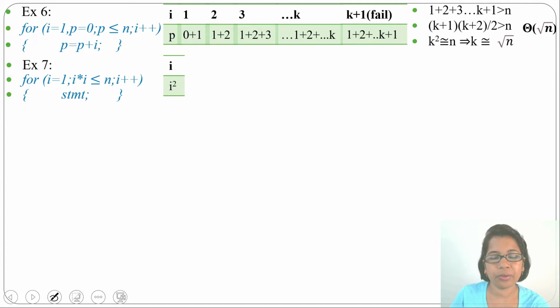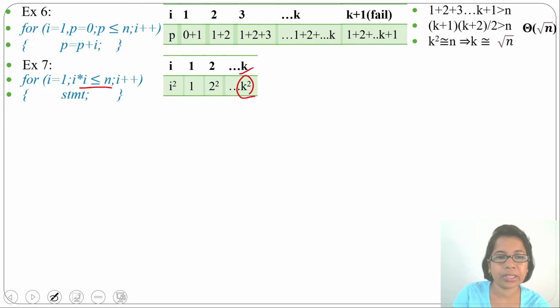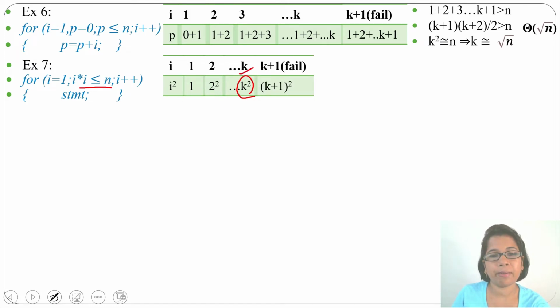So for i equals 1, i square will be 1 multiplied by 1, that is 1. Then for i equals 2, i square will be 2 square, and it should be less than or equal to n. For i equals 3, i square will be 3 square. Like this, for i equals k, i square will be k square. Assume that k square is less than or equal to n, means till the i value is k it is working, then it will fail when the i value is k plus 1.